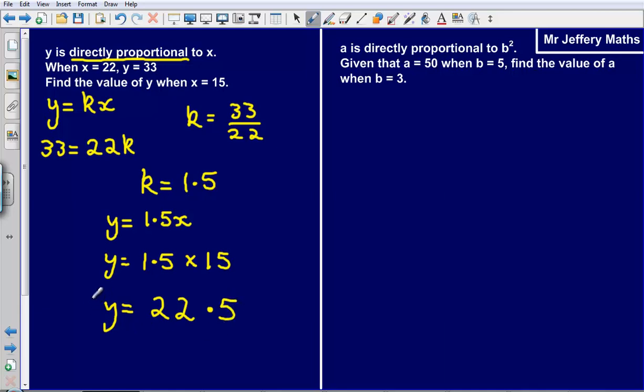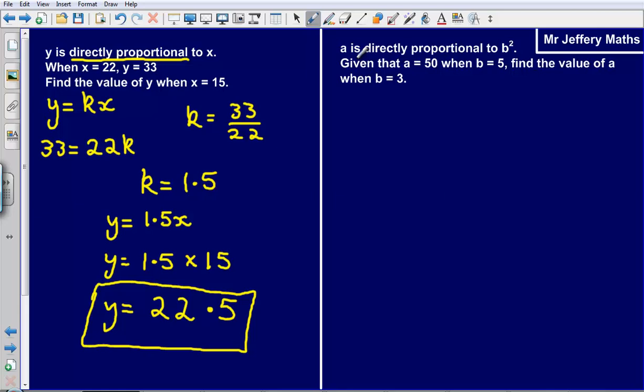So my final answer is y equals 22.5. You can think about this in two steps. The first step is figuring out what the relationship is, and the second step is simply plugging a value into the formula that we have found.